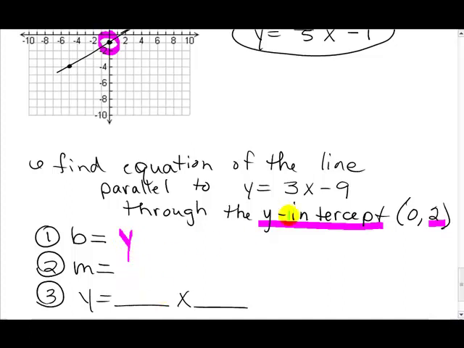Then I need the m. There's my m of the other line, and it says I need one that's parallel. Parallel slopes are the same. So there's my slope. And so it's 3x plus, I don't know why I wrote y there, this should be a 2.